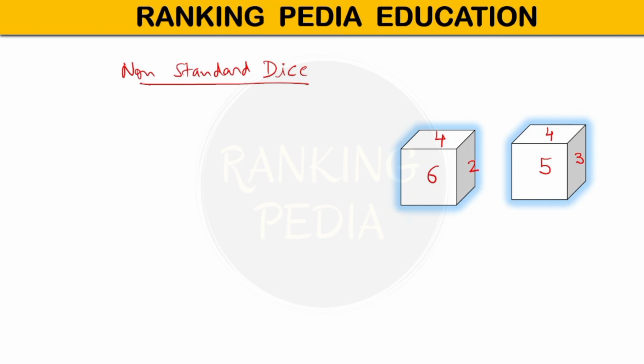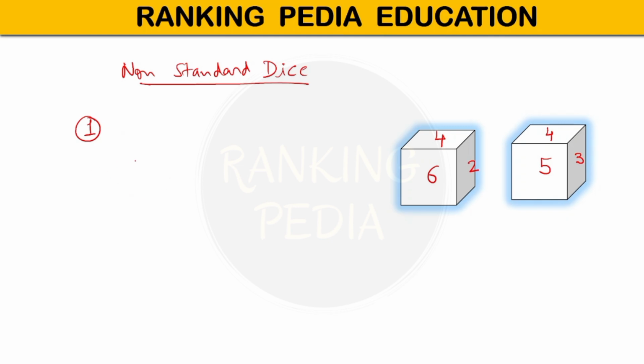If you find the missing number on comparing the two dice, you will see that some numbers are missing. The missing number is 1, because 1 is not present in either of the two dice.